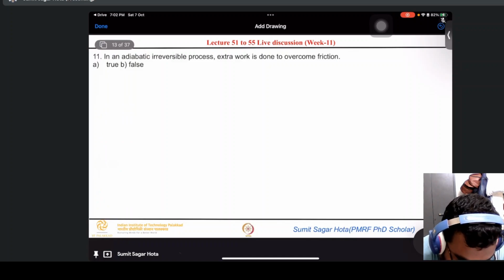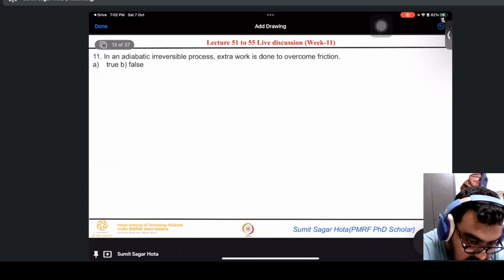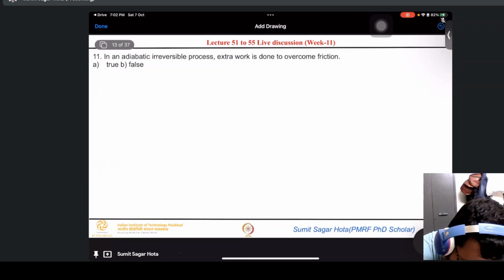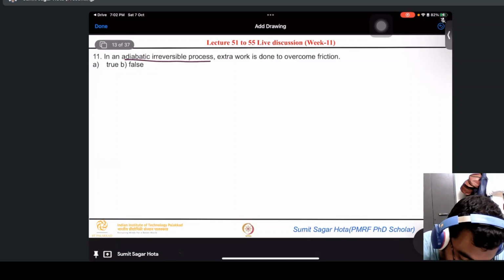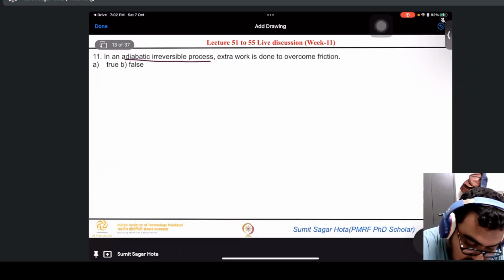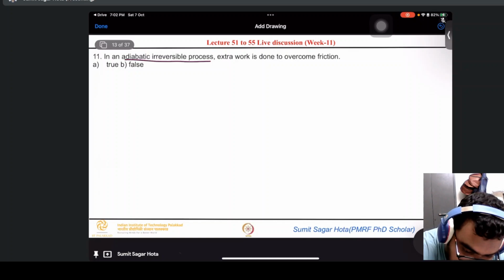In an adiabatic irreversible process, the extra work is done to overcome friction. True or false? Adiabatic irreversible. Extra work, obviously, because if it is an adiabatic and irreversible process, that means it requires more work than is done by the reversible process.